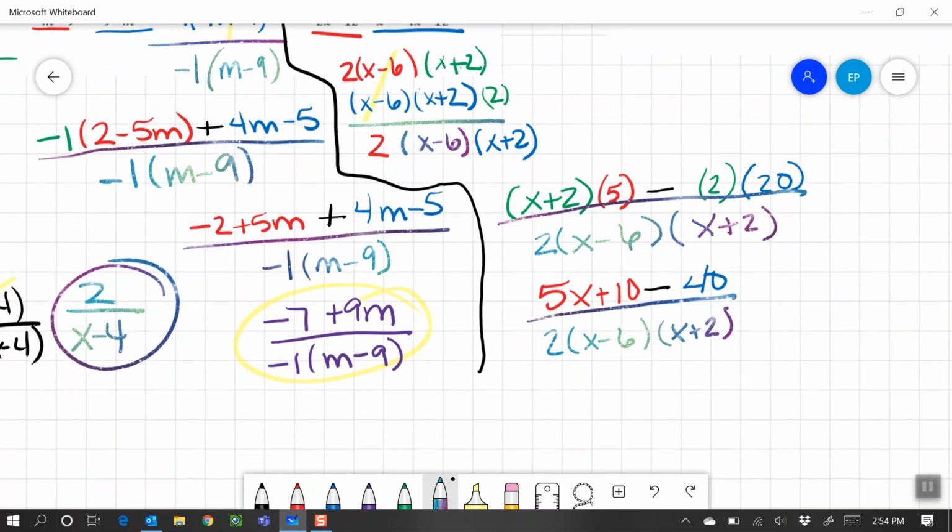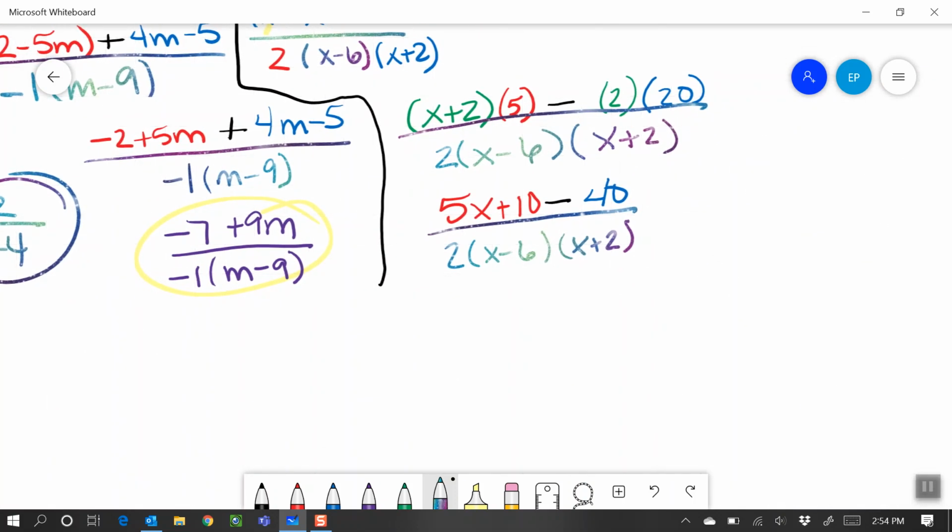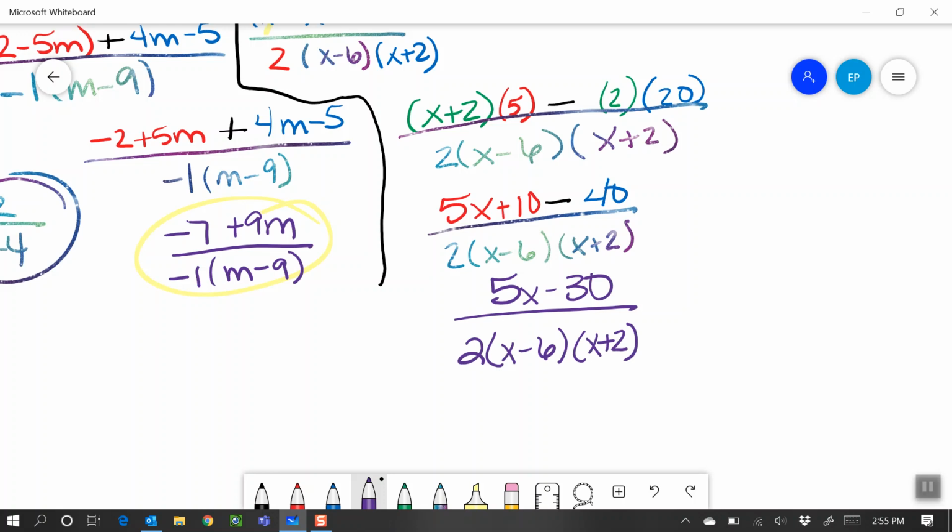So move this up a little bit so I can work with it. Simplify this, I'm going to get 5x minus 30. Write that in purple here. 5x minus 30 over 2 times x minus 6 times x plus 2. Looking at the top, I see that I can factor out a 5 out of both of these.